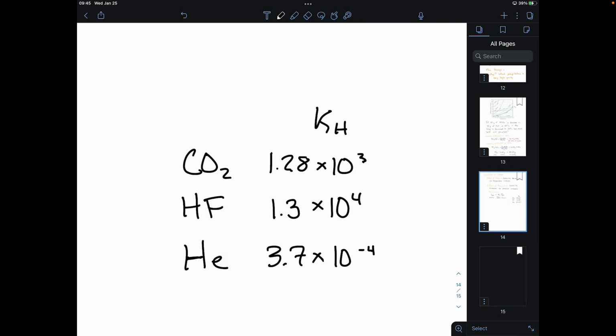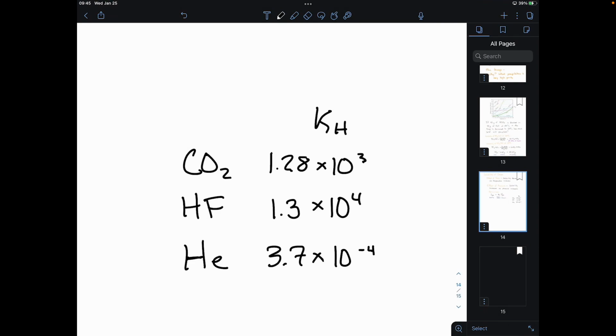Helium. So I want everybody to take a second and try to think, why would it be that helium is less soluble than hydrogen fluoride and carbon dioxide is kind of in the middle there? Everybody take a second and see if you can think of why that would be. That might have a little bit of effect.